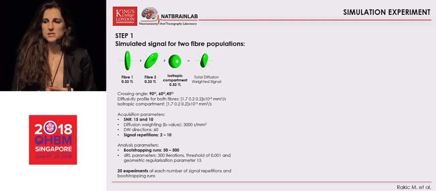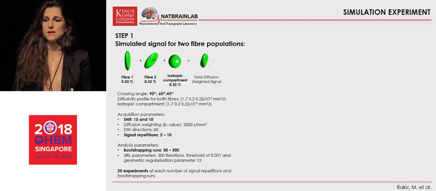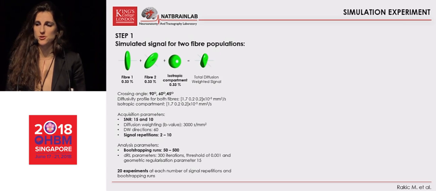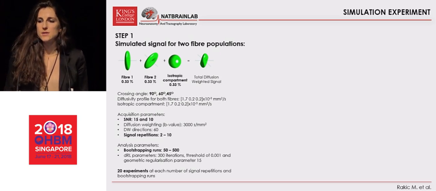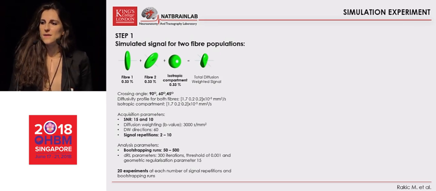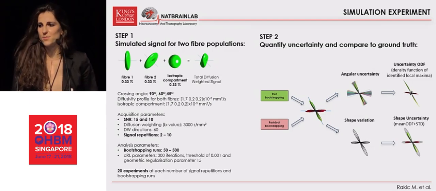We used three different angles, and I also added an isotropic compartment with quite a large volume fraction, which makes it much more challenging to disentangle the orientations of the fibers, and used relatively low SNR of 15 and 10. With the given isotropic compartment, this makes the effective SNR even lower. And then the next step was to quantify uncertainty, as explained in the previous flowchart.